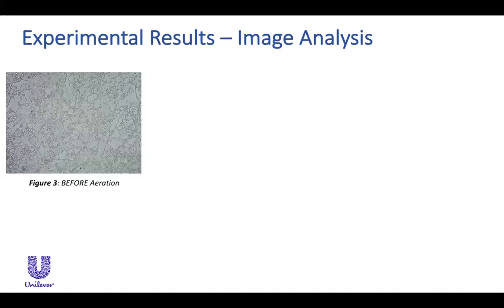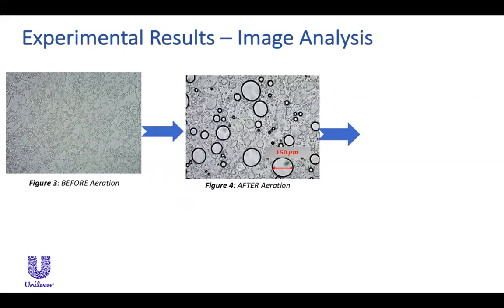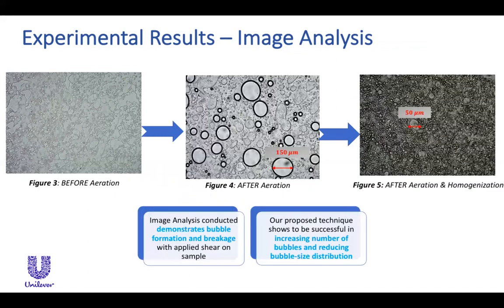The team relied on image analysis to verify bubble formation after aeration, as well as bubble breakage after homogenization. Figure 3 shows the initial sample of Lotion A before aeration, and there are essentially no bubbles. Figure 4 shows Lotion A after nitrogen injection, and from this image we can see clear bubble formation throughout the sample. Using a microscope scale, we measured the largest bubble in the aerated sample to be 150 microns.